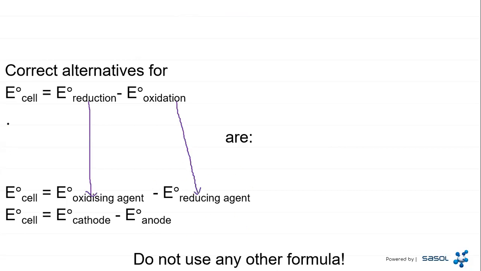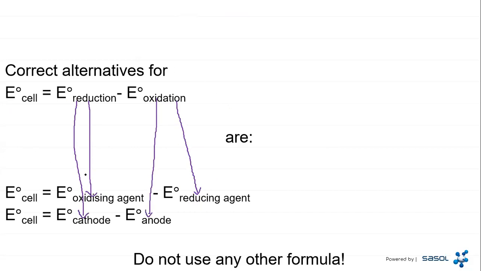That is why when we define an oxidizing agent, we say it is a substance that undergoes reduction. When we define a reducing agent, we say it's a substance that undergoes oxidation. So it means the same thing. Again, we know reduction occurs at the cathode, and oxidation occurs at the anode.